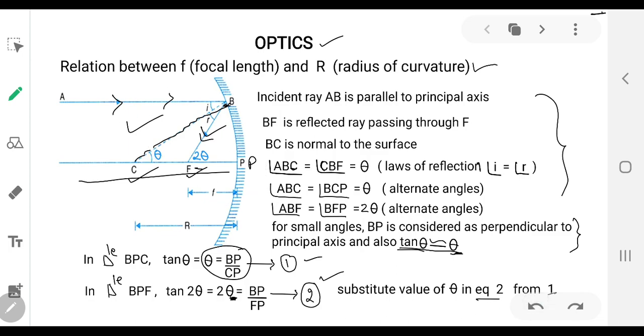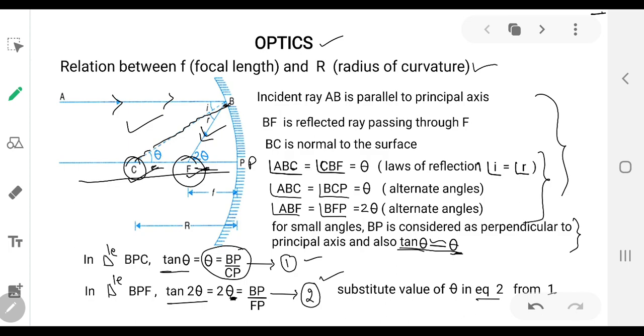Now after the completion of the ray diagram, the third key point for this derivation that you have to remember is you have to write the tan functions for the angles at C and F. Then to get the angles at C and F, you will write these equations by yourself.